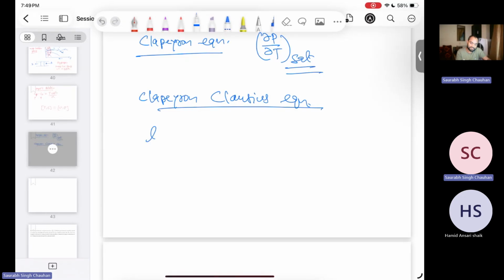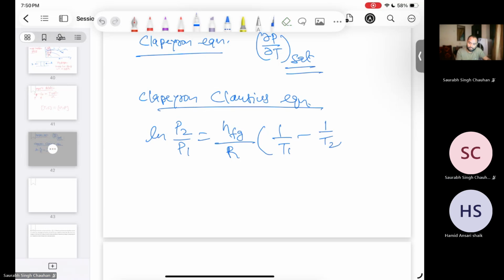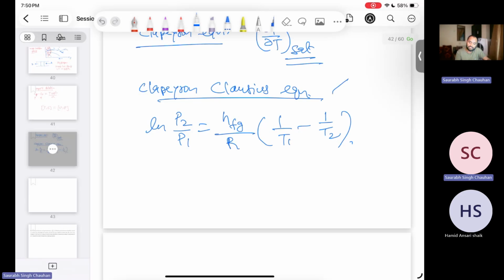That simplified version is basically log of P2 by P1 is equal to latent heat of vaporization, H of FG, where F means fluid and G means gas, divided by R, your gas constant, times (T1 minus T2) over T1 T2. We have used two approximations. One is ideal gas, and another is Vf small, negligible.